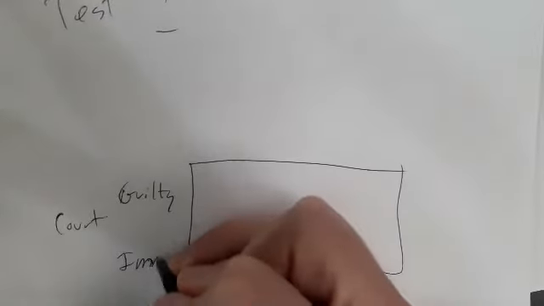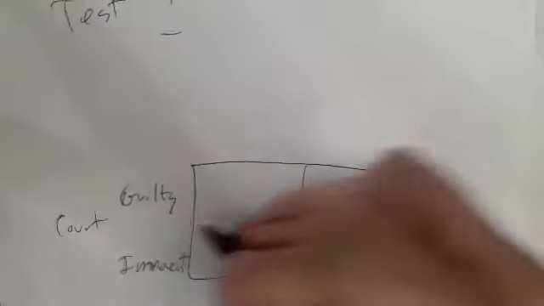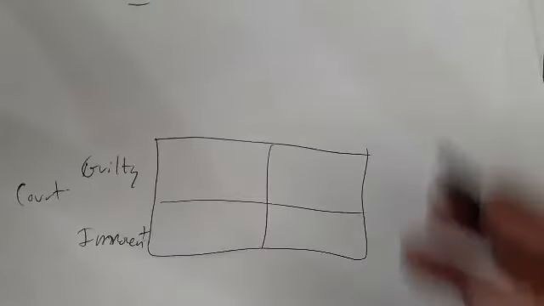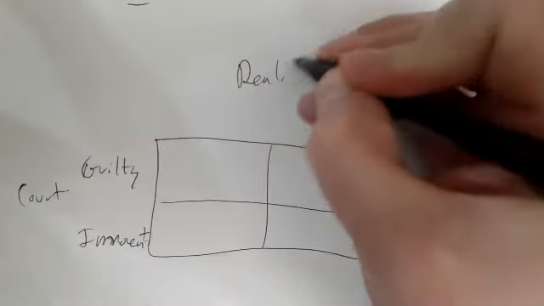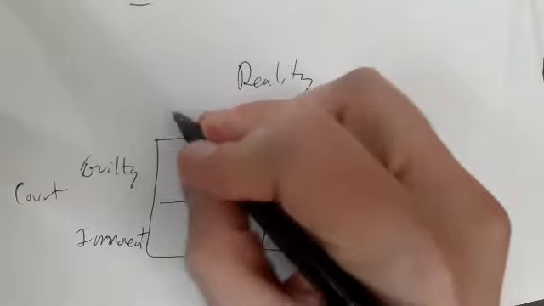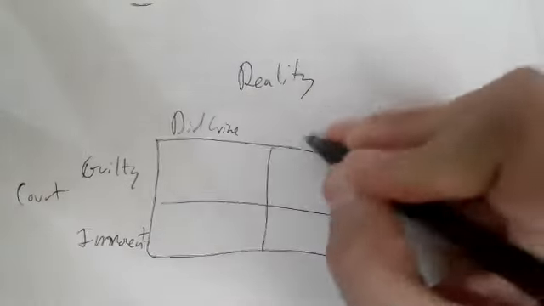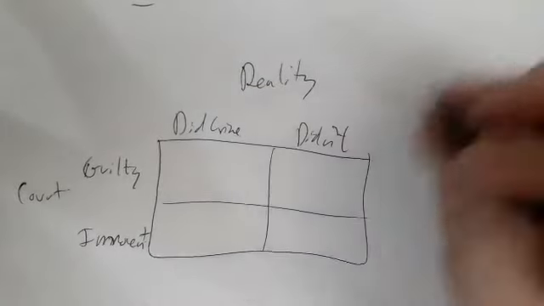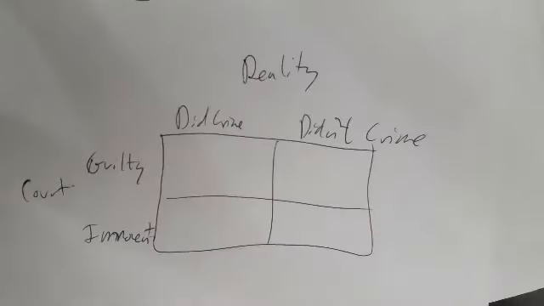In our court system, the court says you're guilty or innocent, and in reality you either did the crime or you didn't commit any crime. This is another way you can think about things.